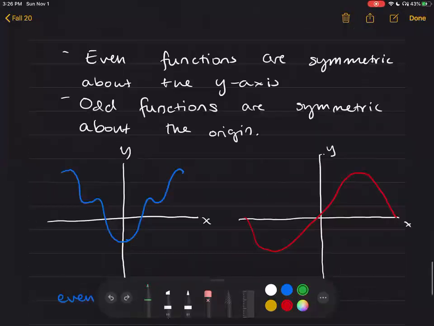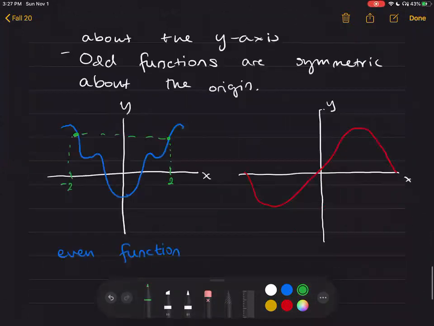So if you imagine this is 2, you look up here, it's this point. And if you look at -2, it goes up here and it hits this point here. They're at the same level. So that's an even function. And this one over here is odd. There we go. That's better.